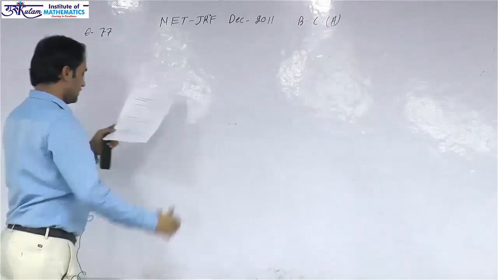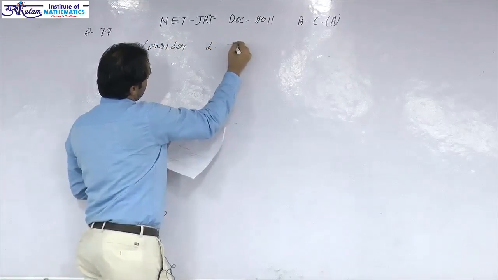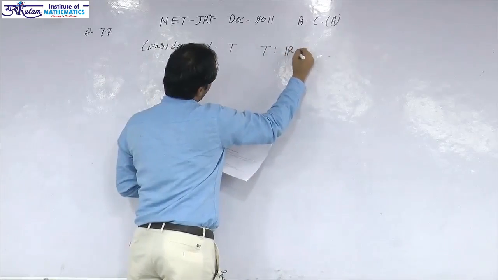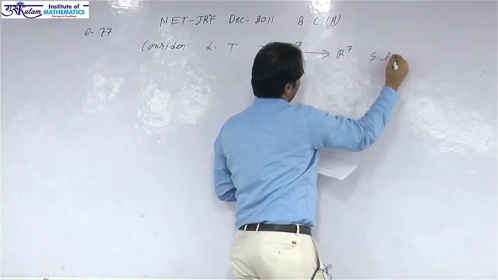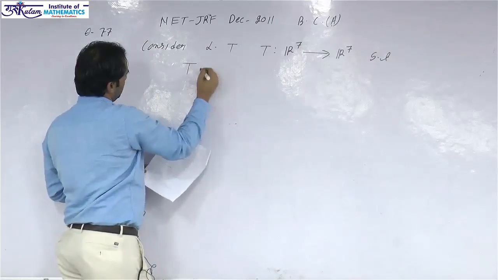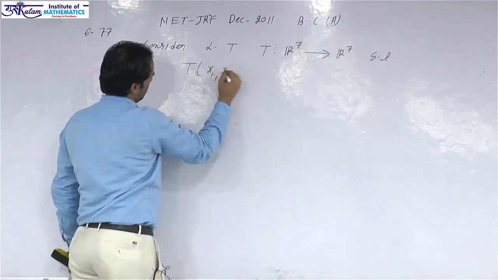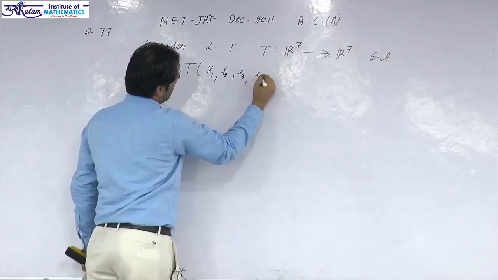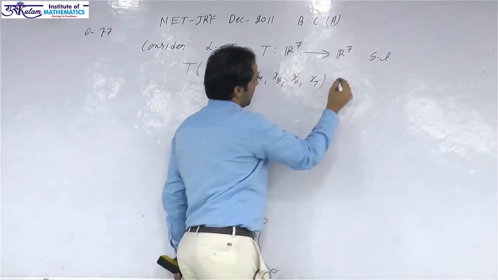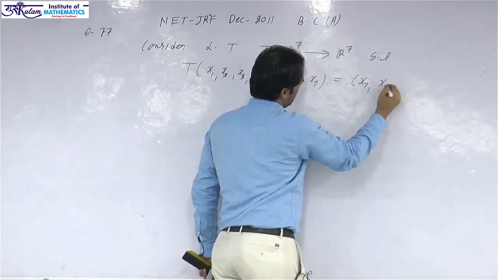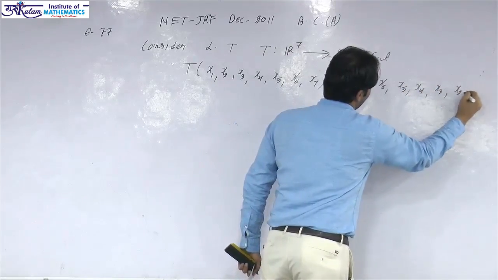So the question is: consider the linear transformation T defined from R7 to R7 such that T of x1, x2, x3, x4, x5, x6 and x7 is x7, x6, x5, x4, x3, x2 and x1.